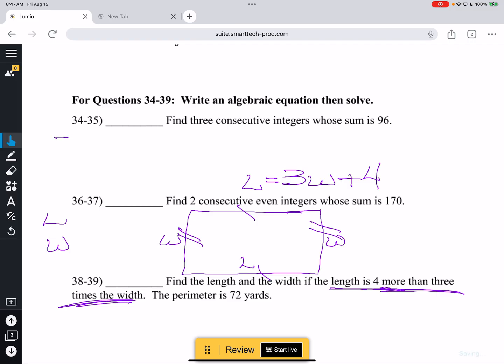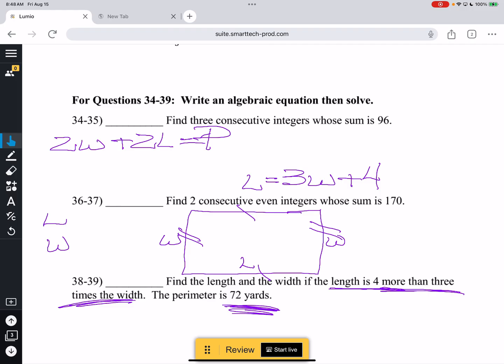So we need 2W plus 2L equals, and in this case, I'll put a P because it is for perimeter, but we're looking at a perimeter of 72. So 2W, 2L, that means to multiply them, obviously. It could also mean add, whichever way works. We're going to use multiplication though.